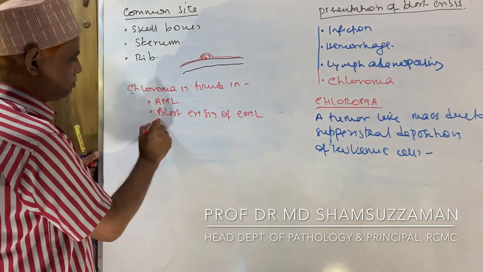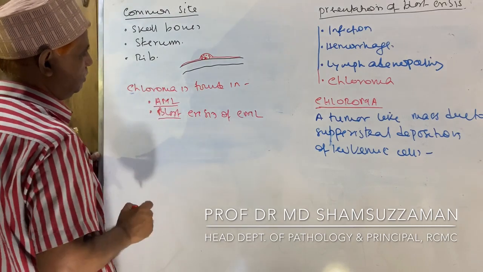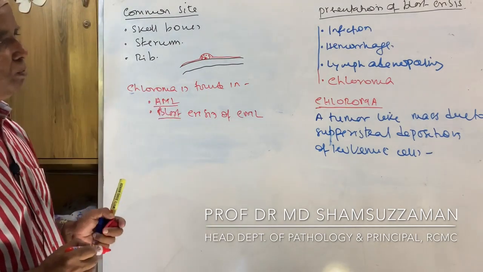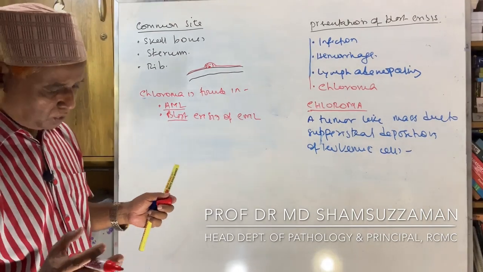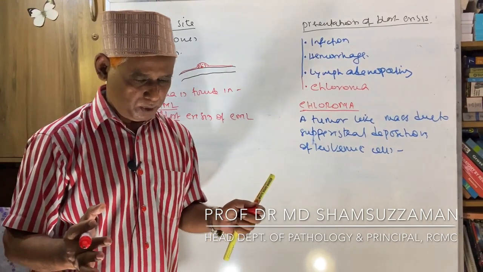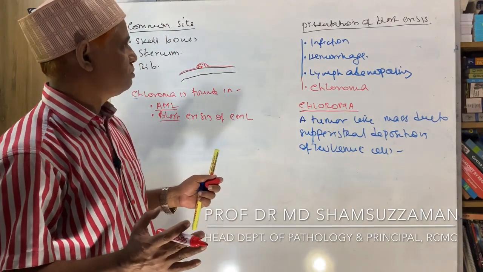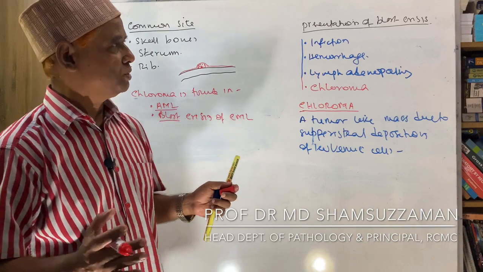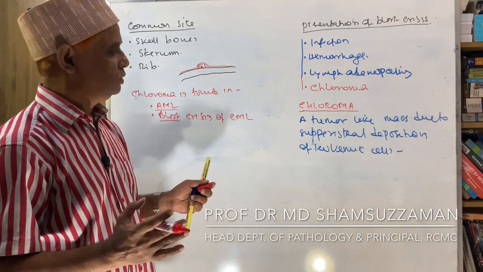So if there is blast crisis of CML or anybody suffers from acute myeloid leukemia, we can get chloroma. So this is all about chloroma, and this is all about chronic granulocytic leukemia, that is chronic myeloid leukemia, and blastic transformation and blast crisis of chronic myeloid leukemia. Today after this, thanks all.